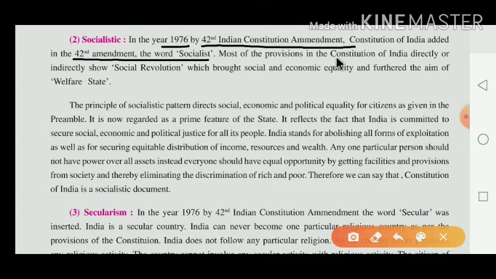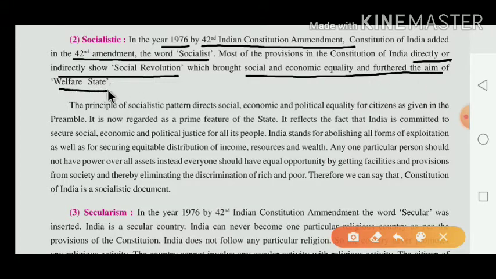Most of the provisions in the Constitution of India directly or indirectly show the social revolution. Revolution means a change which brings social and economic equality and furthers the aim of a welfare state.